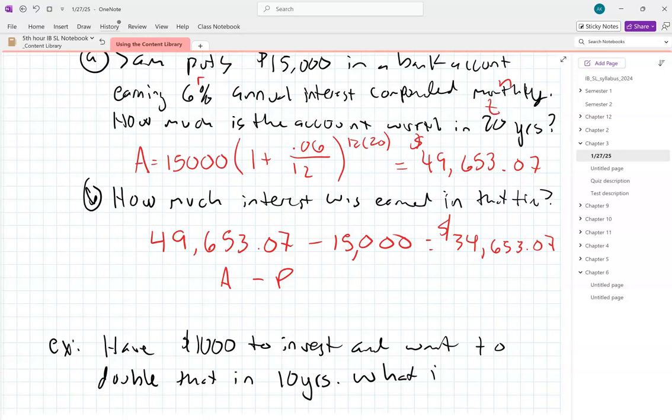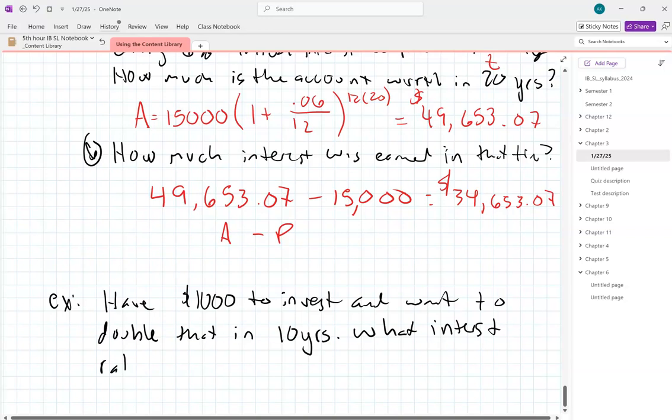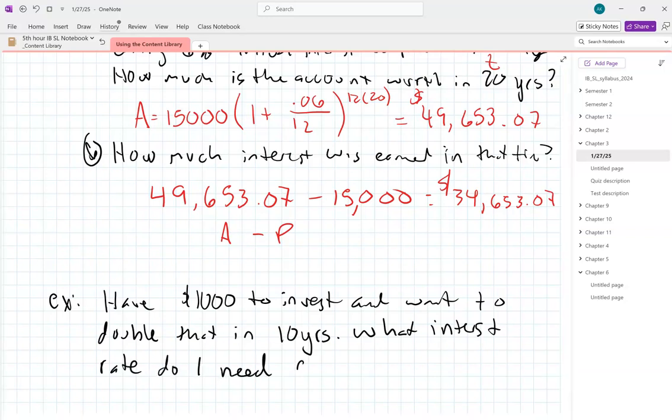What interest rate do I need, assuming it's compounded quarterly?